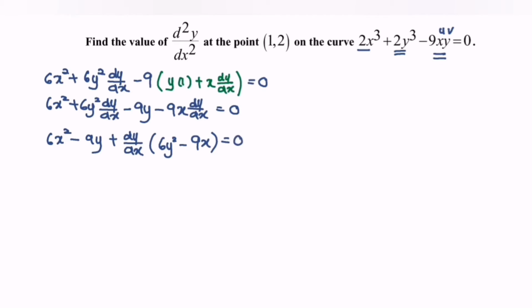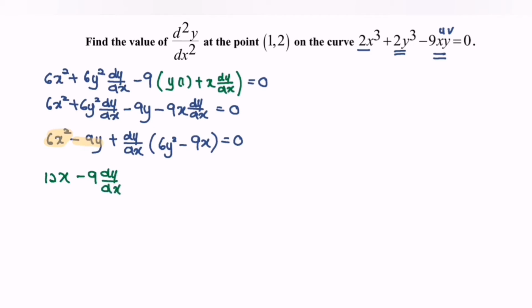Next we are going to differentiate and find the second derivative. First we are going to differentiate 6x squared and we will have 12x, minus 9, differentiating with respect to x, and we will have negative 9 dy/dx.